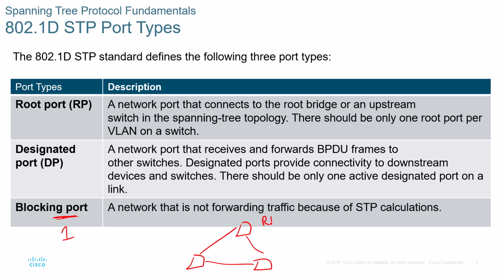Let's say this is our root bridge. These ports will be our designated ports. They're going to be the ones leading away. The ports that are facing our root bridge will be a root port. There are more complex ones to talk about that are further away, but that's later in our lecture.